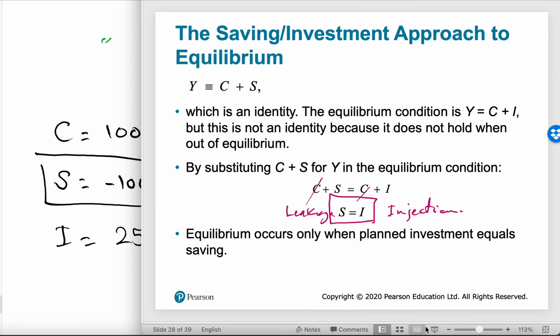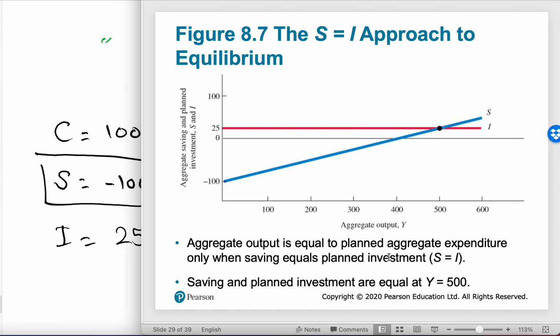We can show this equilibrium with an alternative graph. We noted that investment is constant and is 25, and saving starts from a minus 100 y-intercept and is positively sloped but less than 1, with a slope of 0.25, and they are going to intersect each other exactly at the level of 500 income.